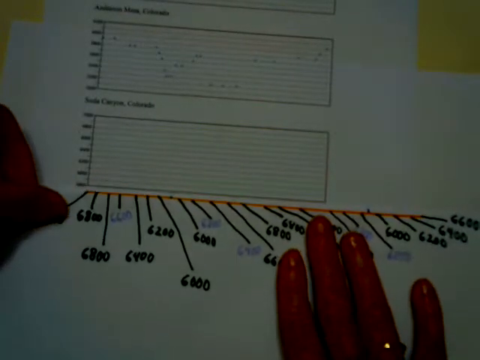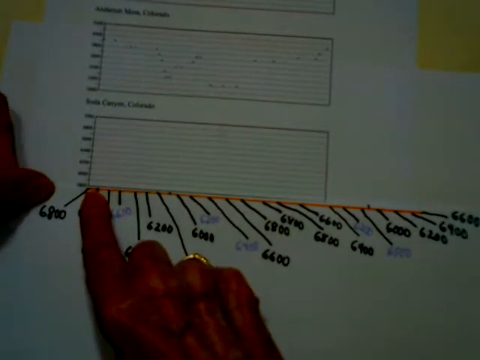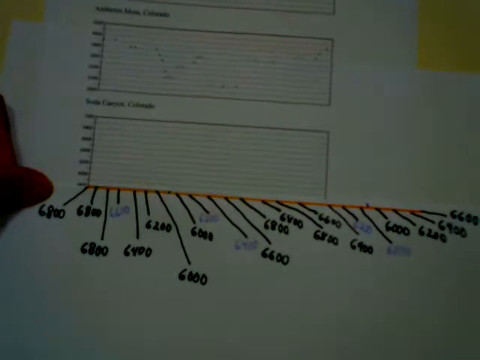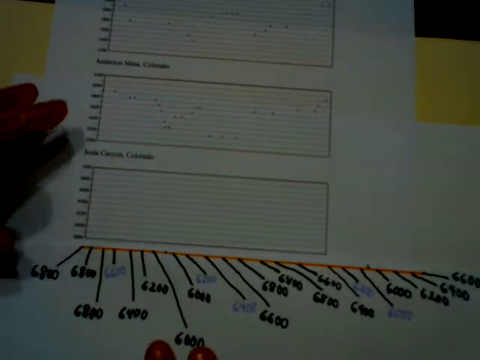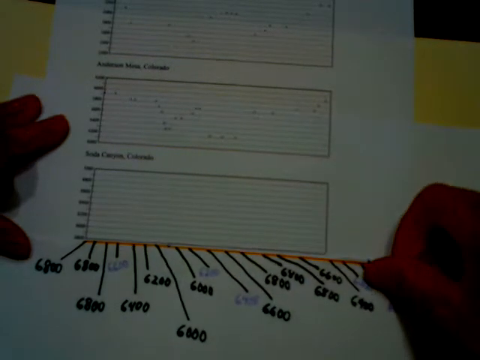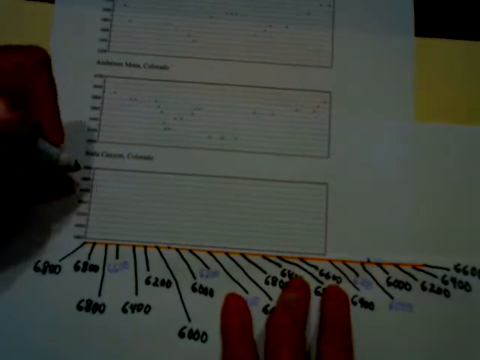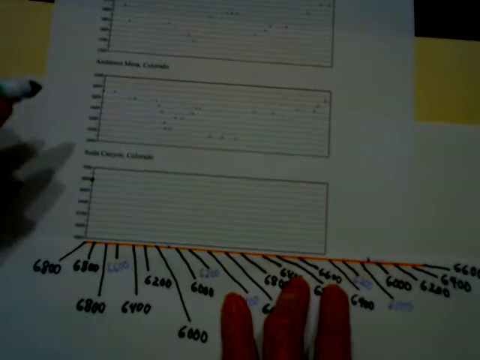So what I do is line it up. The very first number starts out on the left-hand side, and I need to plot a dot. I think I'm going to do this in green, so that you can see it. So lining it up, 6,800, I come straight up and put a dot.